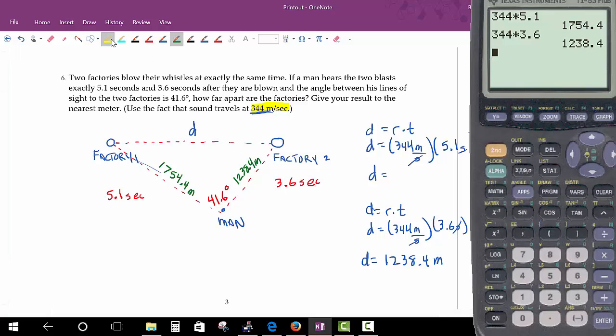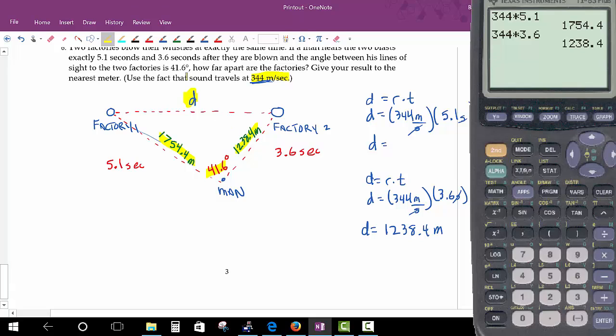What I've been given in my triangle is a side, an angle, and a side. I want to find the side opposite, which is a typical law of cosines situation.